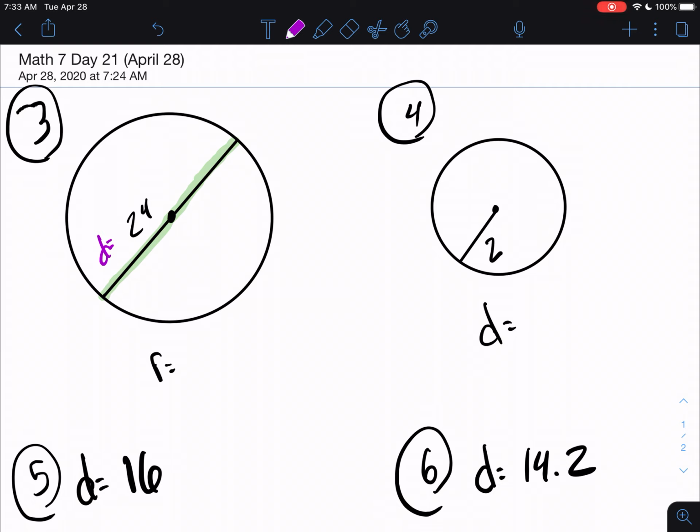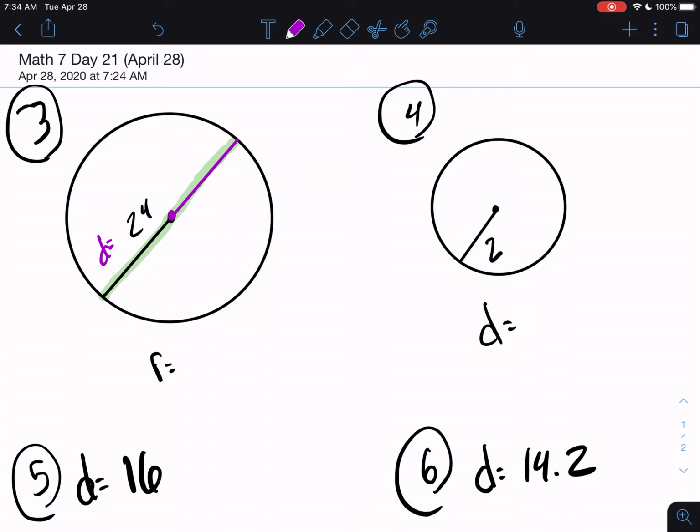Well, if you think about it, the radius, we know, goes from the center point out to the edge of the circle. Well, that just looks like I just did half of my diameter, right?